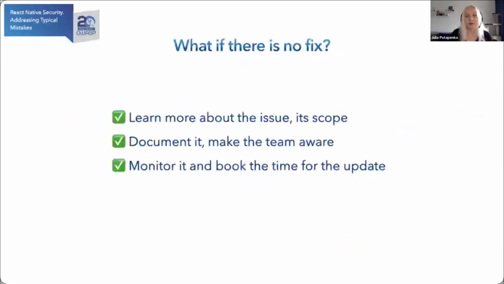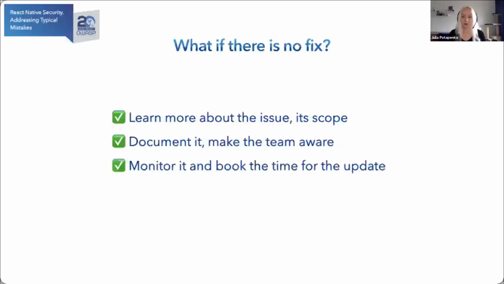First, we suggest you understand the scope of such vulnerabilities, because sometimes these are just false positives. If you use React Native for iOS and Android, you should consider that it is also used for web, and probably you do not use web parts, so maybe web vulnerabilities are not relevant to your project.